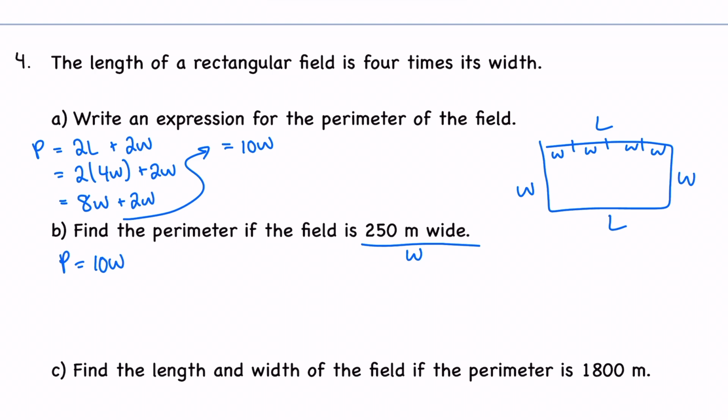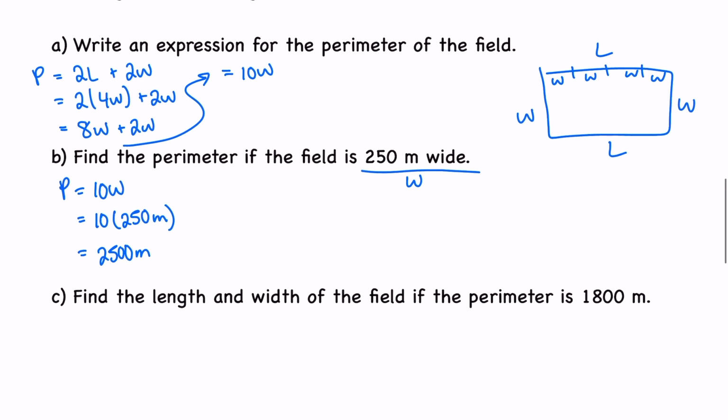And since we know that W is equal to 250 meters, we can solve for P. So I'm going to plug that in right now. And don't forget to write your units when you're solving your problems. So that gives us an answer of 2,500 meters for our perimeter.